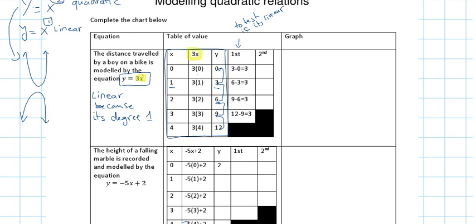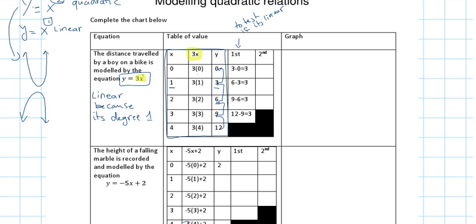They're all 3. Right? If they're all the same number, if your first difference is constant, that tells me it's a linear function. This is one of the rules about linear function: when you do the first difference, it's going to be constant. So if I have a table of values and I don't know anything else, if I do my first difference, I will know if it's linear or not.